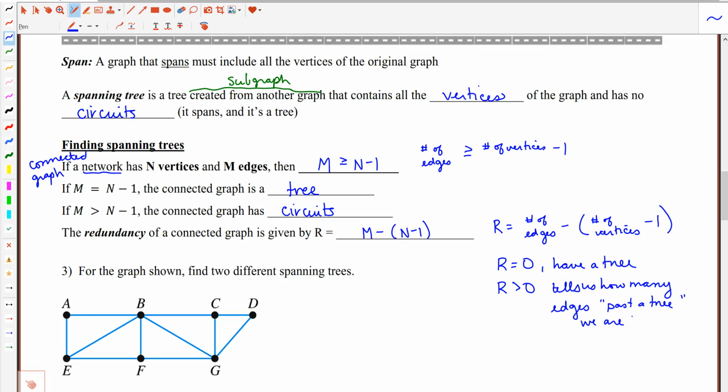So we are going to have to get rid of some of those edges to make a tree using all those original vertices, which we then call a spanning tree.